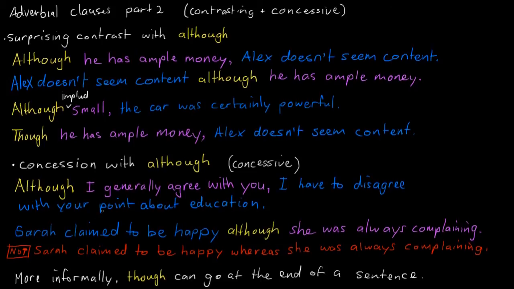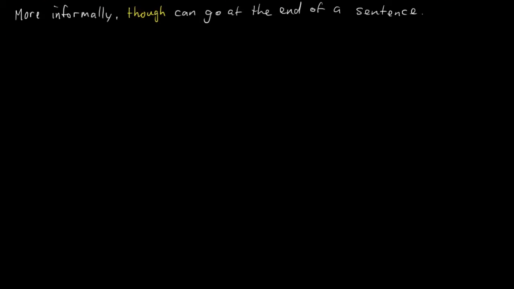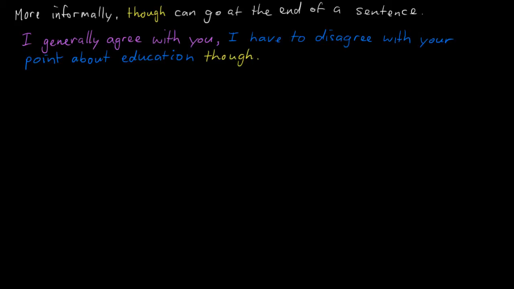Okay, now though can be used at the end of a sentence, but this is quite informal, as you'll see. I generally agree with you. I have to disagree with your point about education though. Right, so this is probably not well suited to writing, particularly in a formal context, but when you speak it's quite normal.